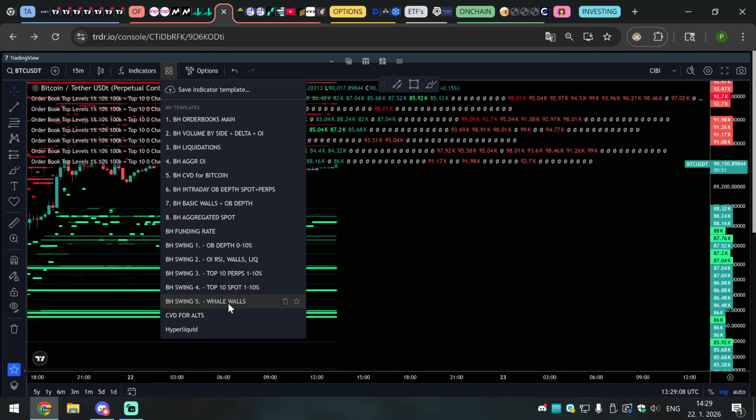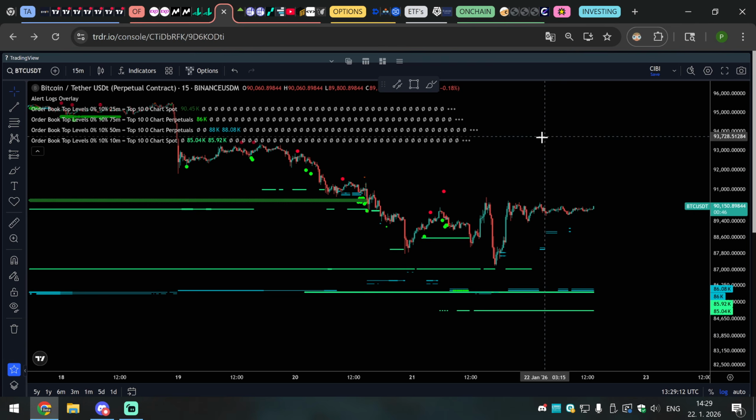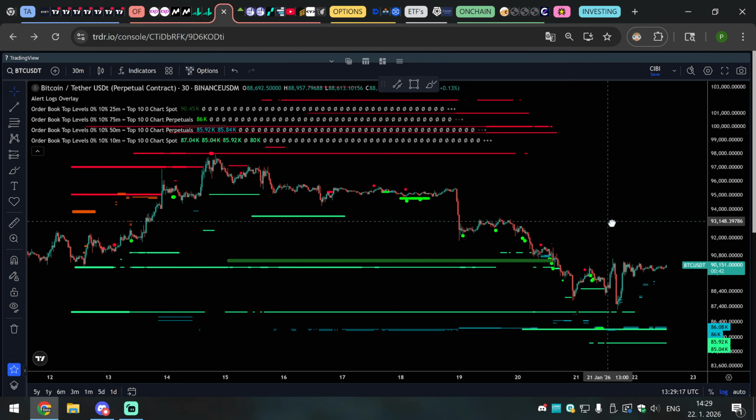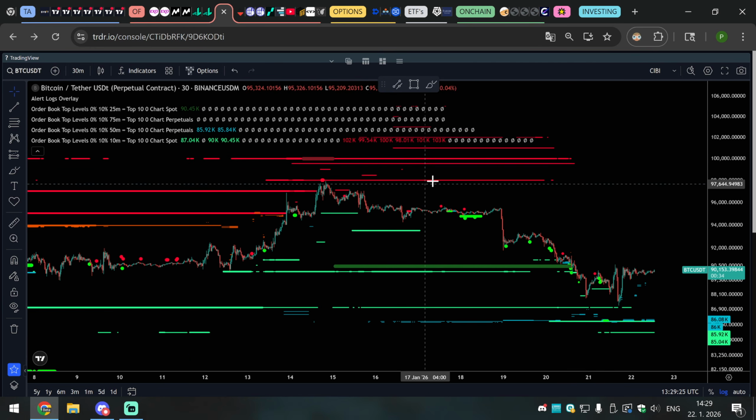Final template, I like to close videos with this template, is the whales template, which is always making decision making easier for me, because of course I want to become a whale. I'm on the way there, but not there yet, and I'm watching how they are trading the market.